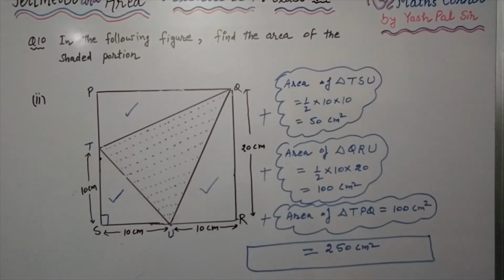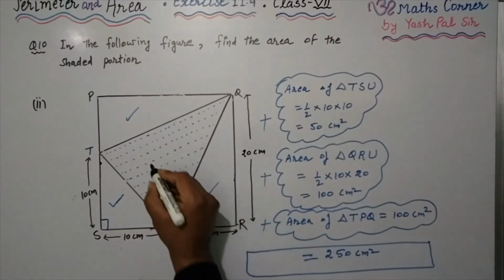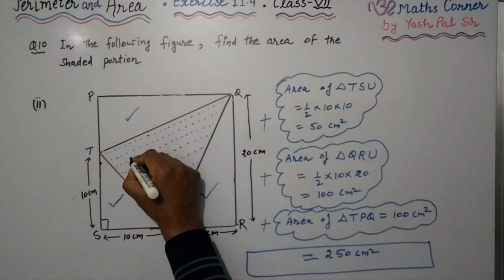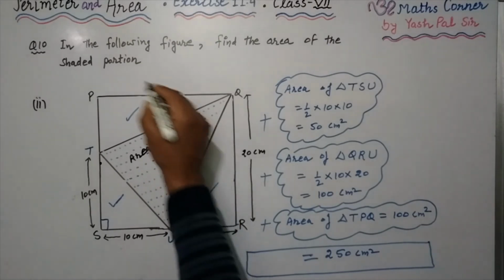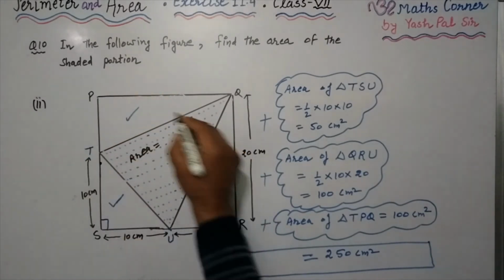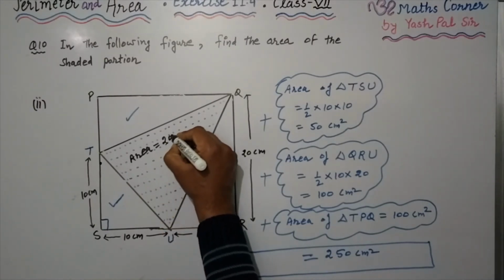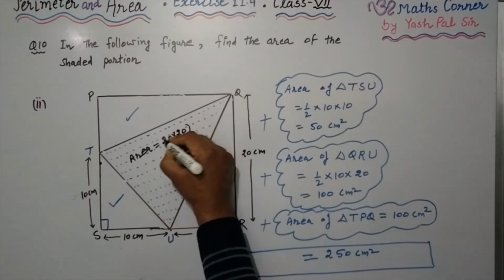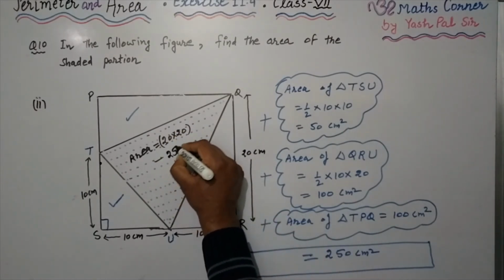This is the sum. Now what is the area of the shaded portion? Its area is equal to the area of full square, that is side into side, 20 into 20, minus this 250.